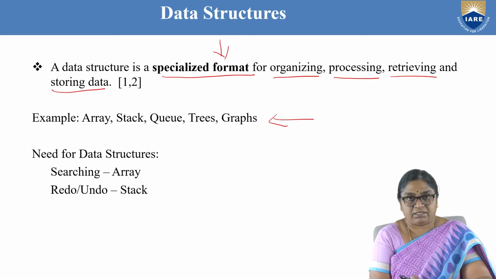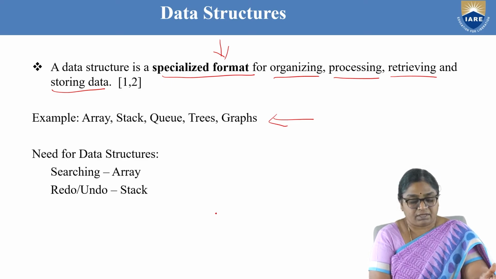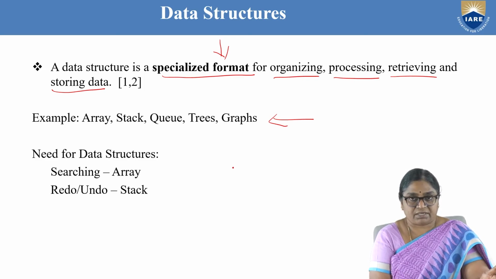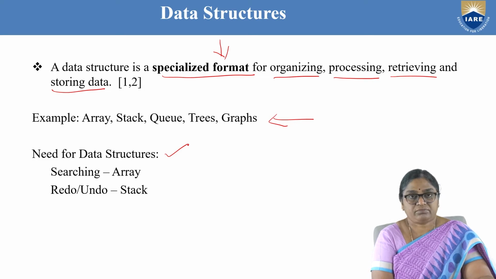Why do we need data structures? We already have some data types earlier, like primitive data types, user-defined data types, and abstract data types, and so on. So, why do we need data structures?